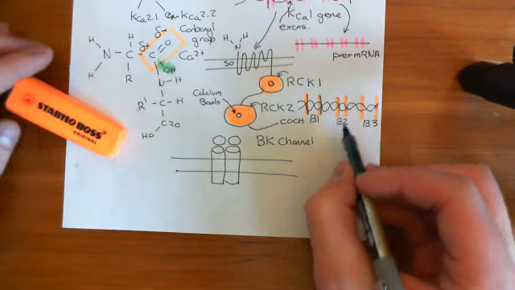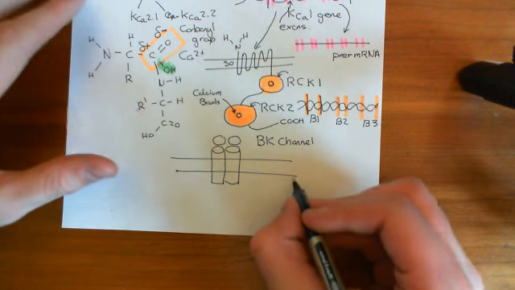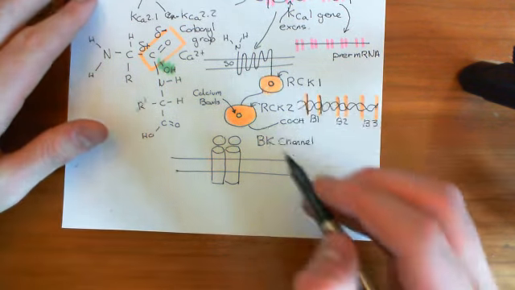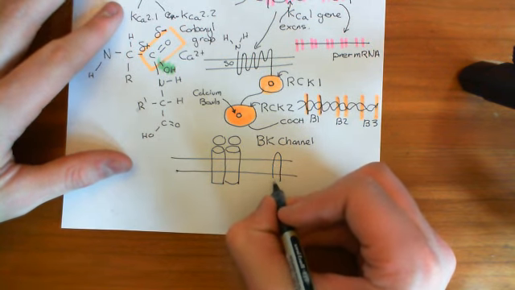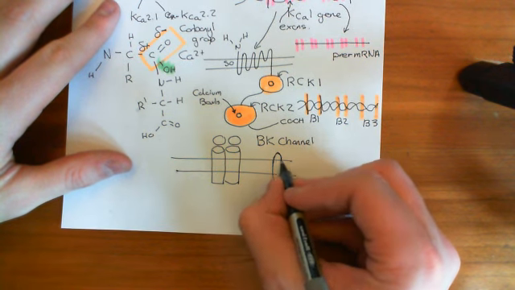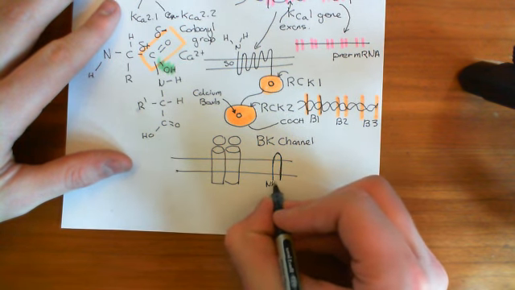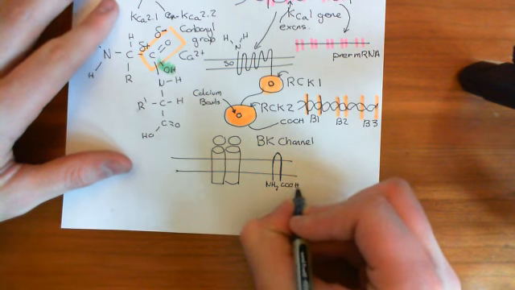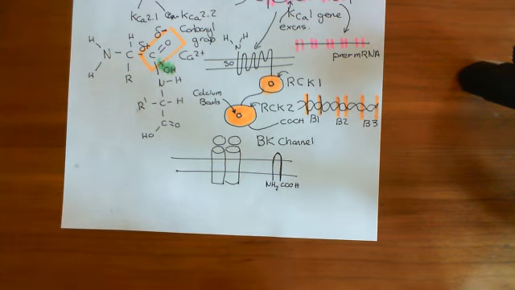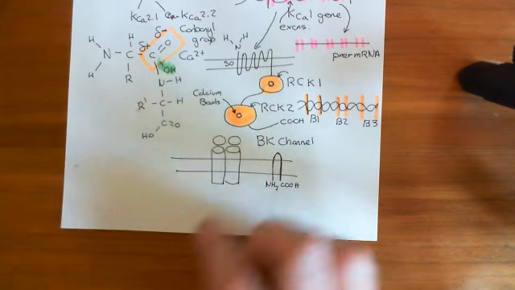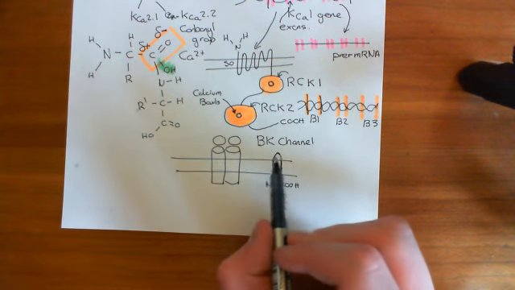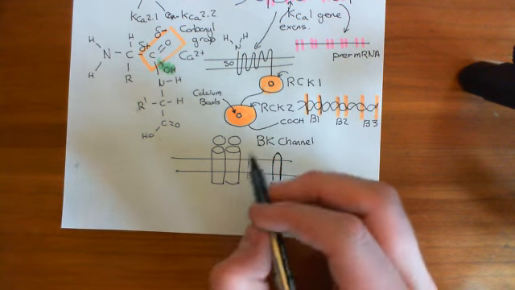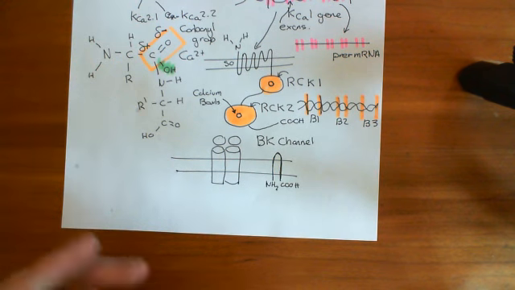Basically they code for a polypeptide that, as far as its membrane spanning structure is concerned, looks kind of like this. You end up with 2 membrane spanning alpha helices, and both the amino terminus and the carboxyl terminus on the cytosolic side. When you make a BK channel, you have to have the 4 alpha subunits, but you can also join on beta subunits, and you can put in 4 beta subunits.